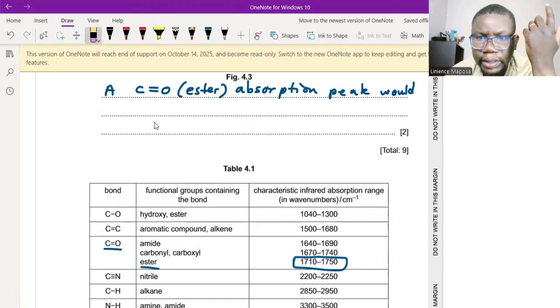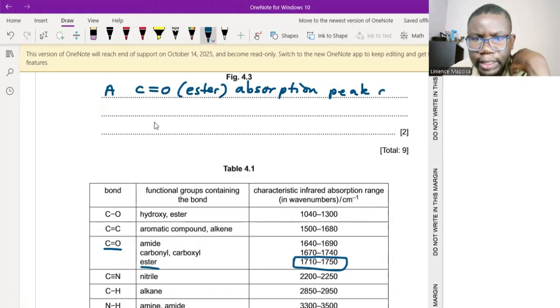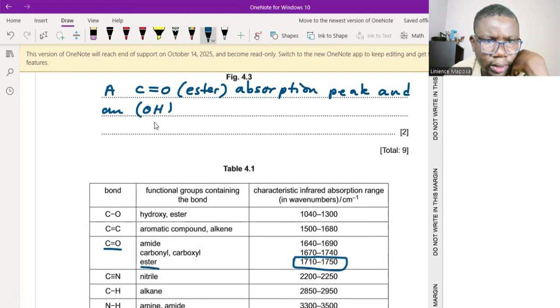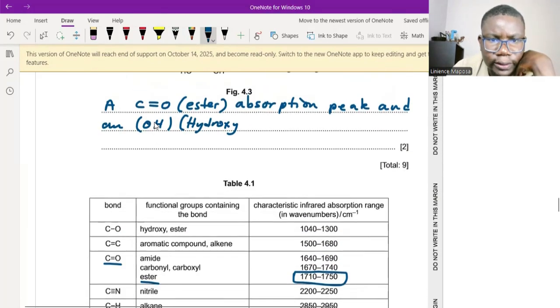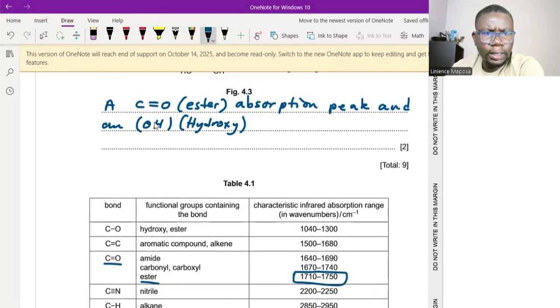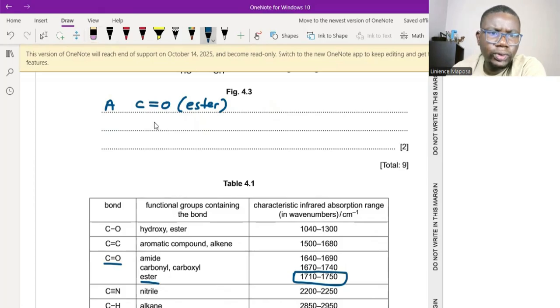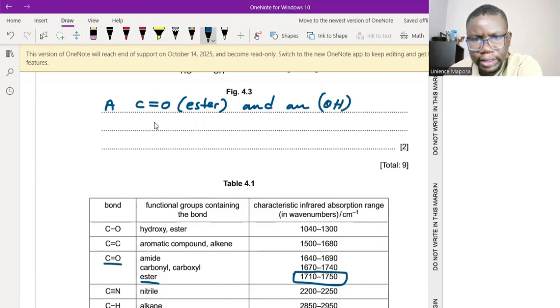Let me say a C=O, which is the ester, and an OH, which is a hydroxy.